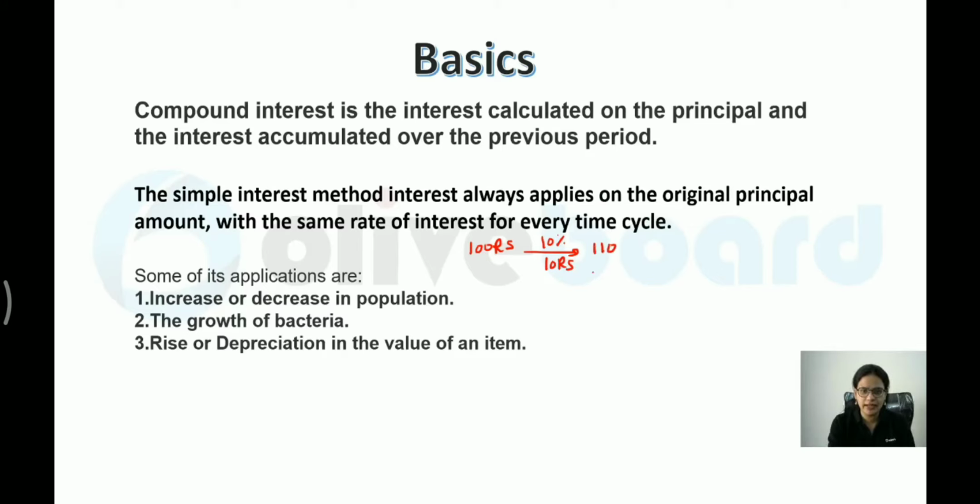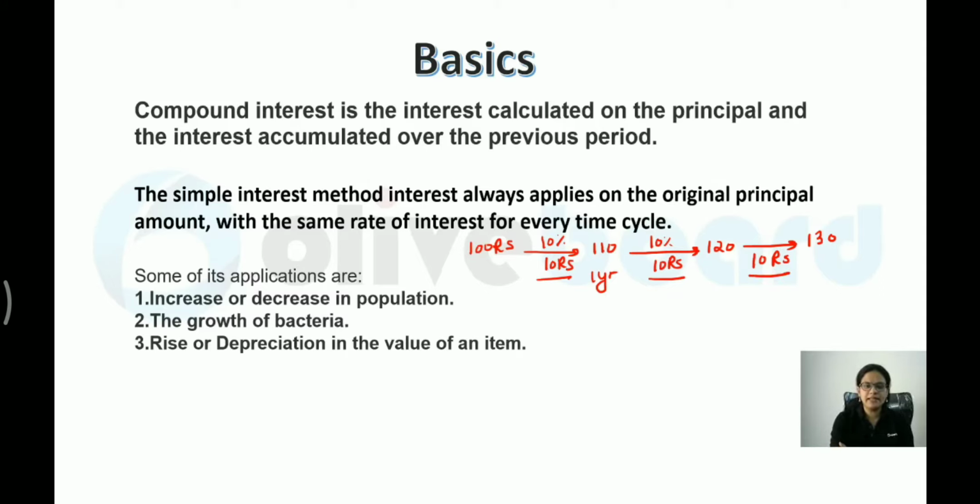In the second year, again 10 rupees would be added, the same value, so it will become 120. In the third year, again 10 rupees would be added, so it will become 130.